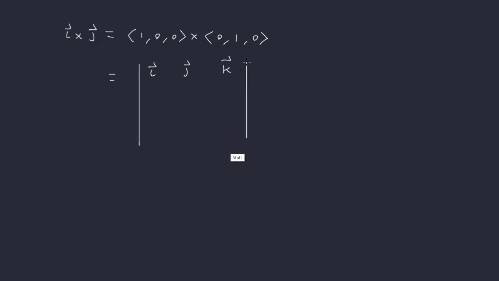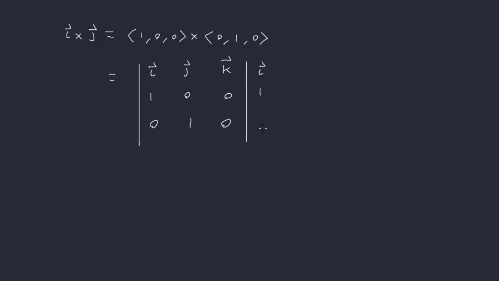Let's actually double check just to make sure that when we do i cross j, we actually get out k. Okay, so that's going to be 1, 0, 0 cross 0, 1, 0. So taking this cross product, I'll do i, j, k, and then 1, 0, 0, 0, 1, 0.